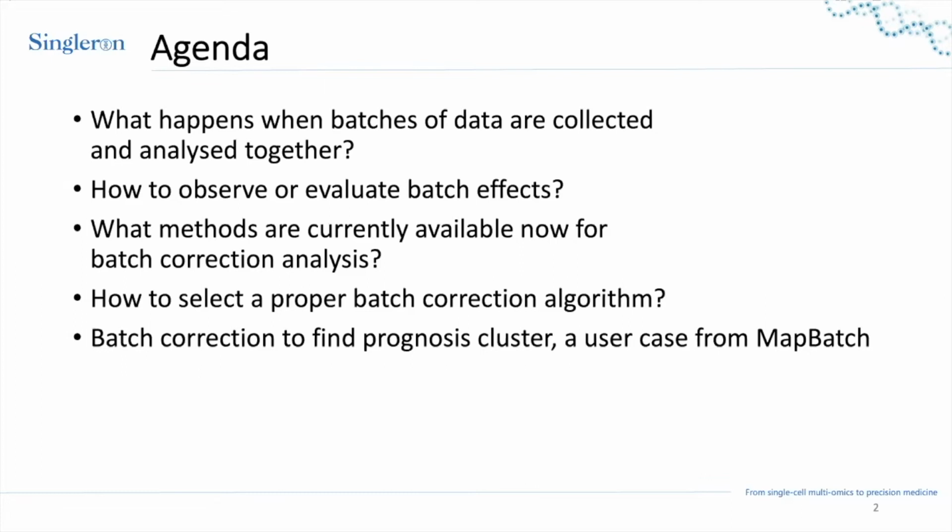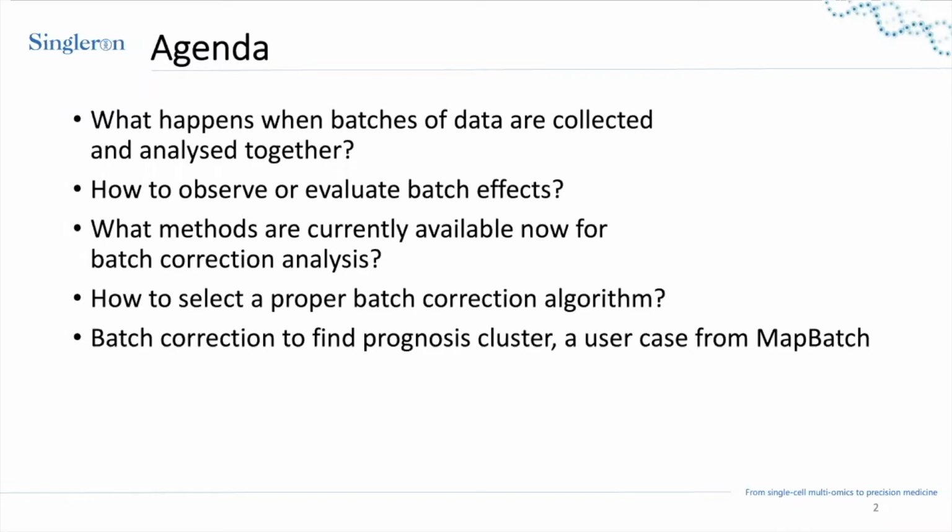So today I'm going to cover a few topics. I will start from what happens when batches of data are collected and analyzed together. Is it okay to just analyze the raw data, or do we have to conduct batch corrections when integrating multiple data sets? How do we observe or evaluate batch effects, and what methods are currently available for batch correction analysis?